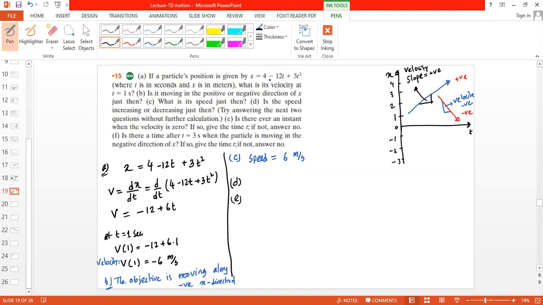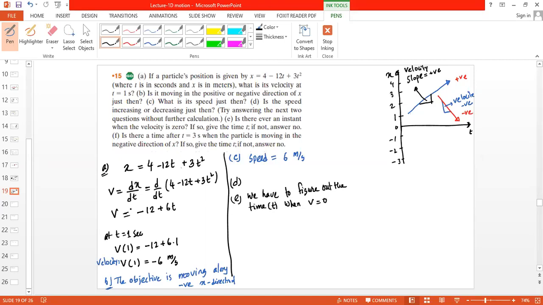So how to figure it out? Velocity 0 means I have to find out the time t when v equals 0.